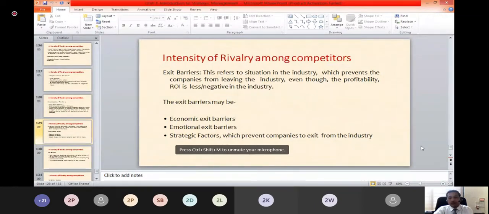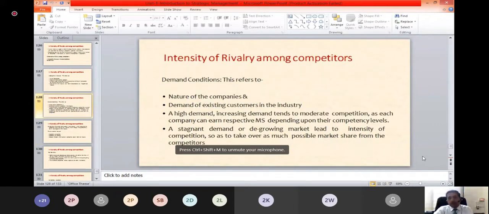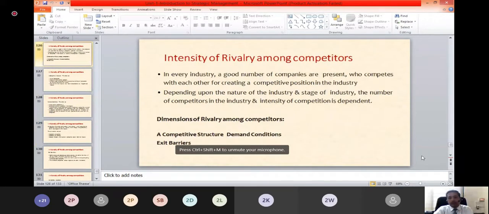There can be exit barriers, which can make it too difficult for companies to leave the particular industry. So exit barriers mean there will be difficulties in exiting from that particular industry, or closing the business will become difficult.